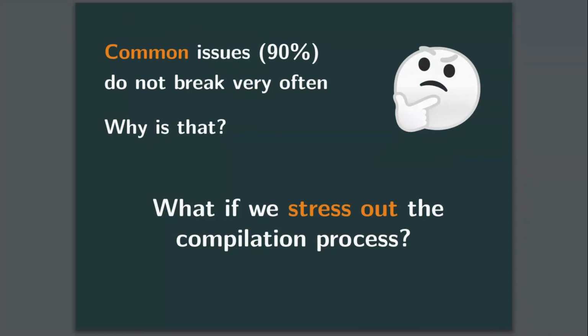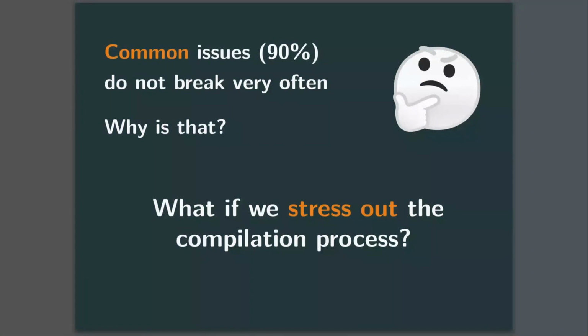Yet, if we take a break, we found 2,000 compliance issues, but of course the projects don't crash, don't produce segmentation faults every day. So why is that? Why do the issues not turn into bugs more often?